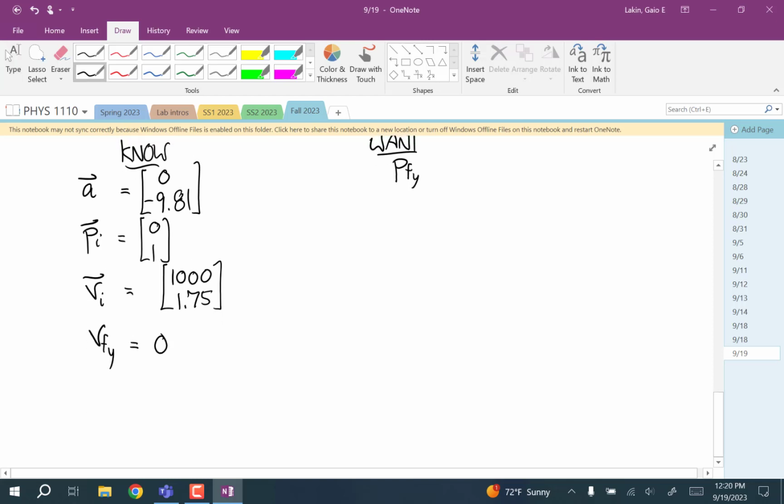And the equation that'll work here is 2A times the quantity PFY, 2AY, sorry, times the quantity PFY minus PIY is equal to VFY squared minus VIY squared.